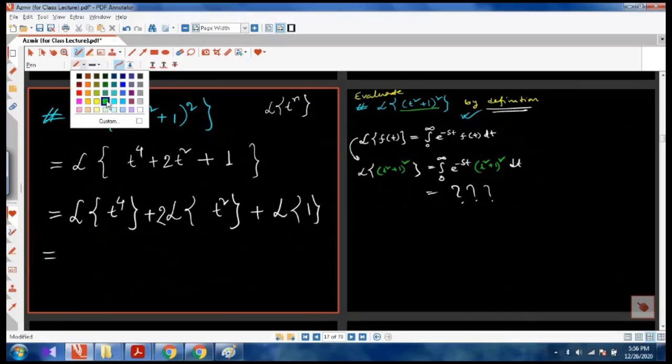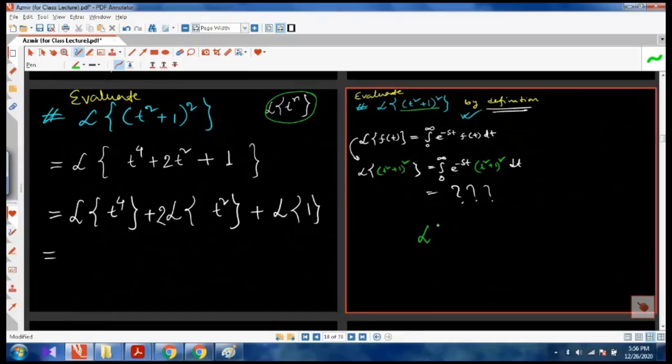Now it is going with the formula. So Laplace transformation of t power n, what is the result? It is n factorial over s power n plus 1, right? Yes, sir. The Laplace transformation of t power 4, let's solve the first one.